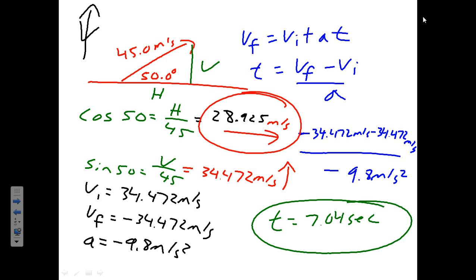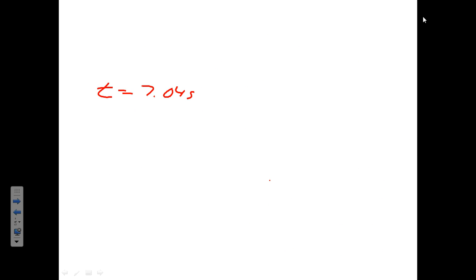So let's go back to that next slide. We're starting off with an initial vertical velocity of 34.472. At our highest point, what's the final velocity? 0. Get us up there and it stops. We got an acceleration of negative 9.8.